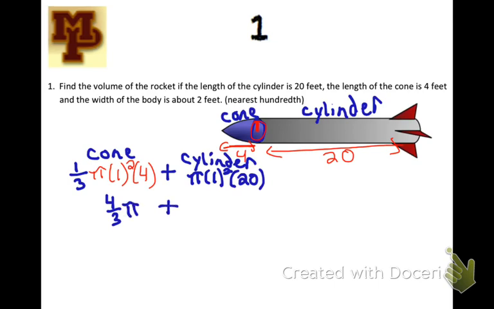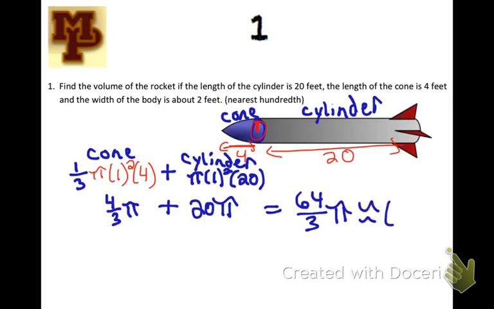And these multiply together, so that's 20 pi. And if you add those together on your calculator, you would get 64/3 pi, or if you wanted a decimal, that is 67.02. And because that's volume, that's cubic feet.